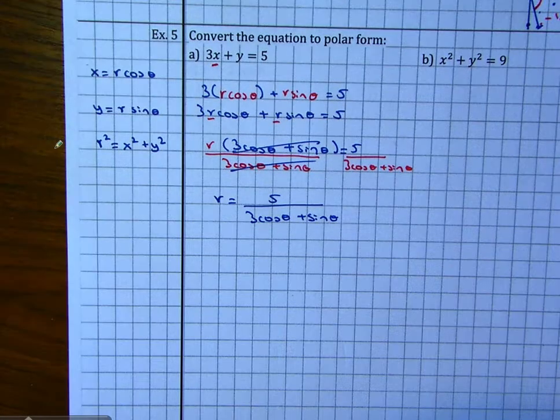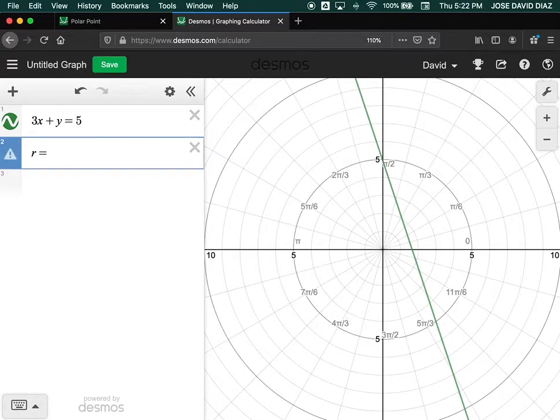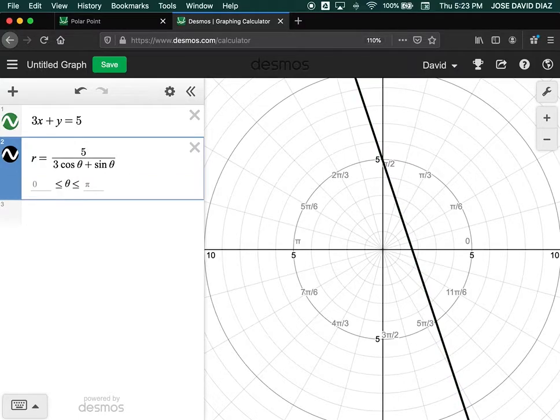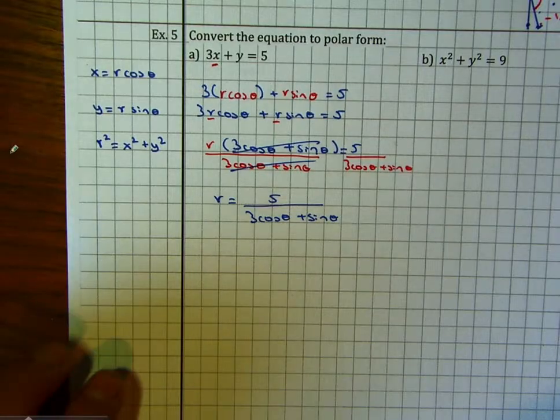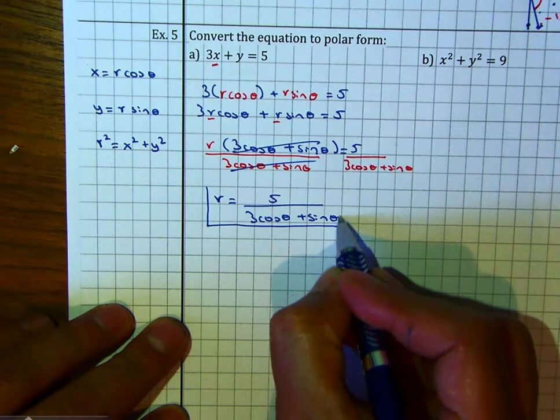So therefore, if we did it correctly, if I type in this 5, and you should be typing this in if you have a computer in front of you, that will be great. And notice that now they are the same. So therefore that is correct. And these two are equivalent.